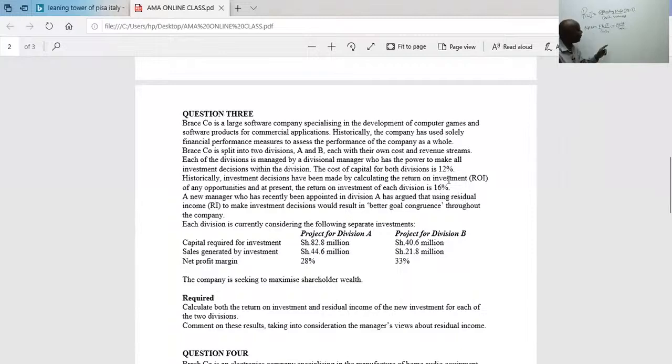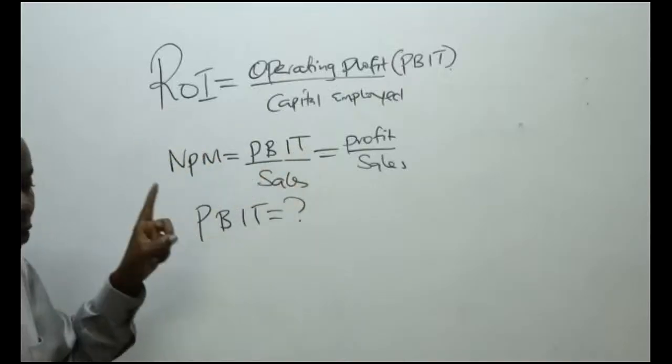Now, this examiner has given me the net profit margin and the sales. So the question is, how do I get the profit before interest and tax? Please make PBIT the subject of the formula.